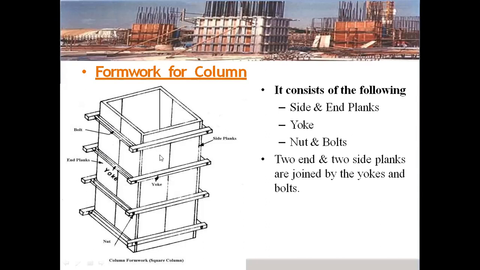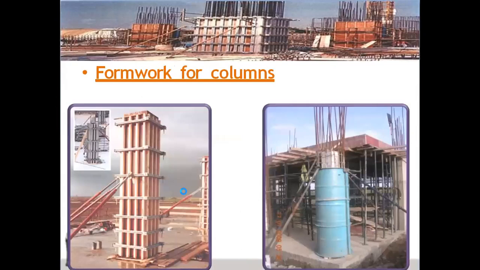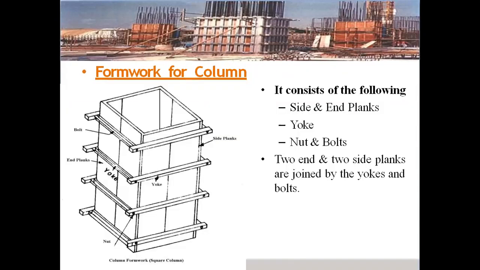These are the yokes. The horizontal members which give support to the columns are yokes. These side and end planks are joined by bolt fitting here, so that when we pour fluid concrete into the column, the leakages cannot be seen, so they are tightly fixed to one another.